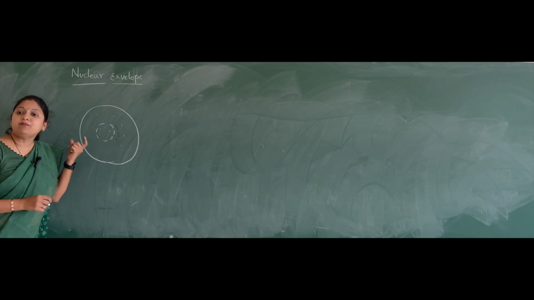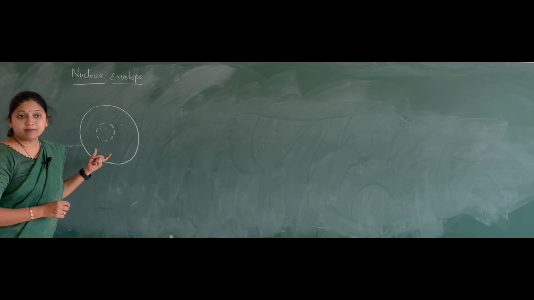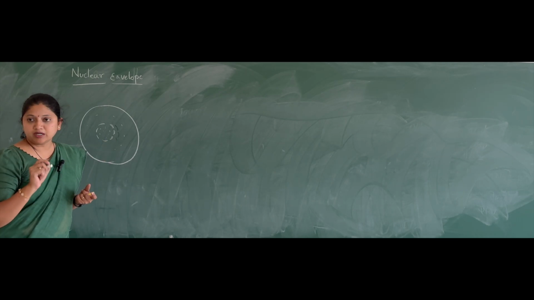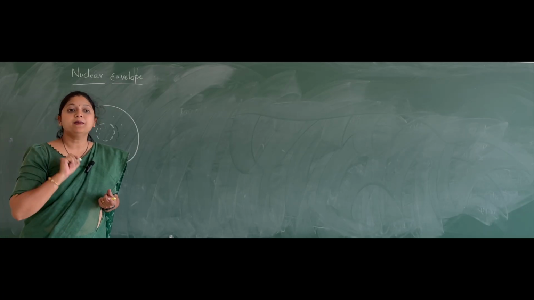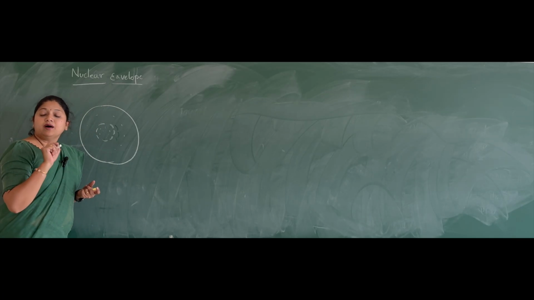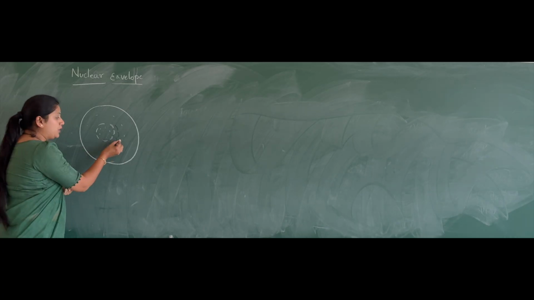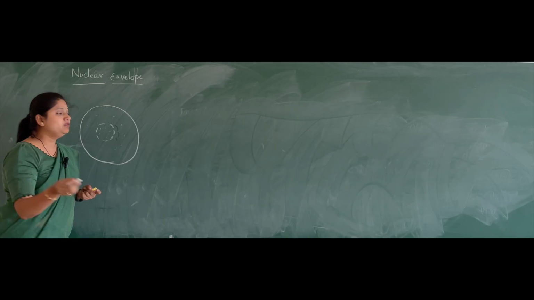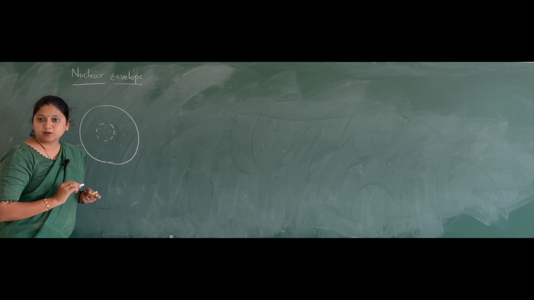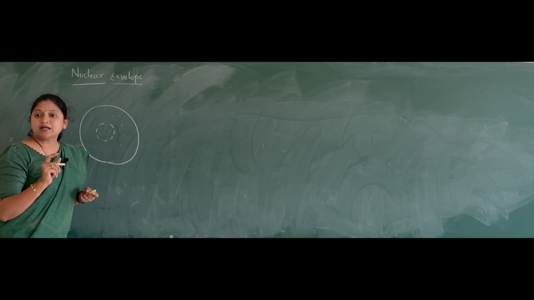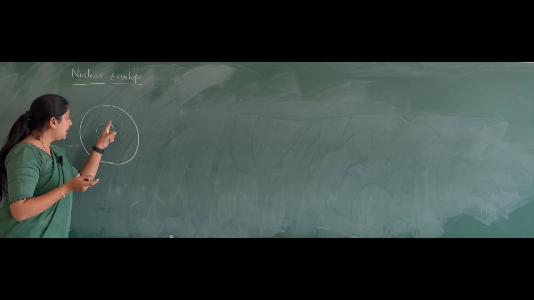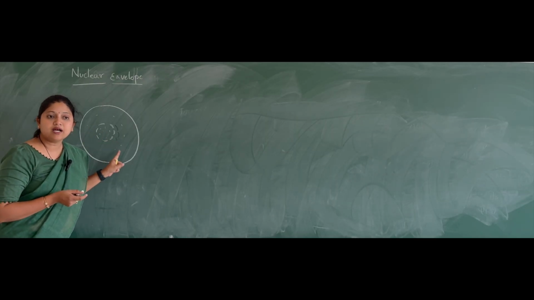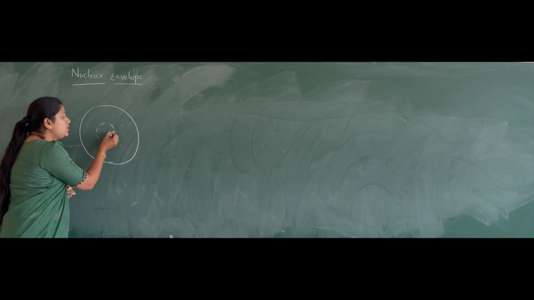Another important function of the nuclear membrane is that it facilitates the bidirectional movement of molecules in and out. Many molecules have to move from the cytoplasm to the nucleoplasm, and many molecules have to move from the nucleoplasm to the cytoplasm. This is called bidirectional movement, and it is facilitated by the nuclear membrane with the help of the nuclear pores.